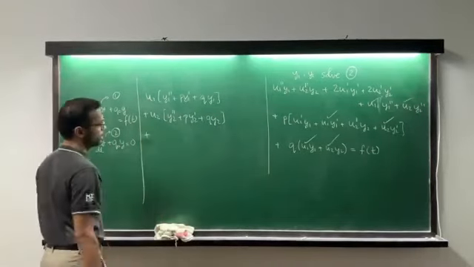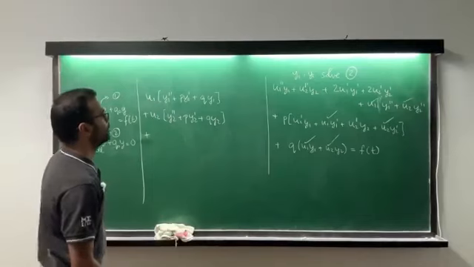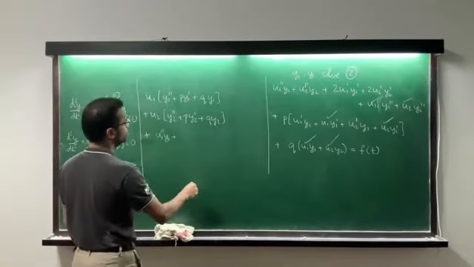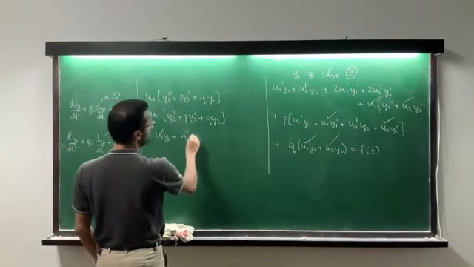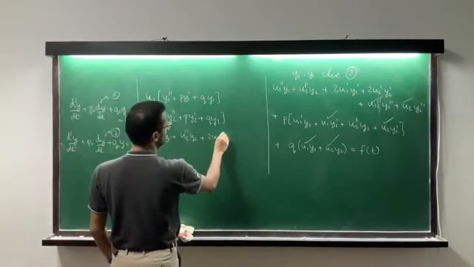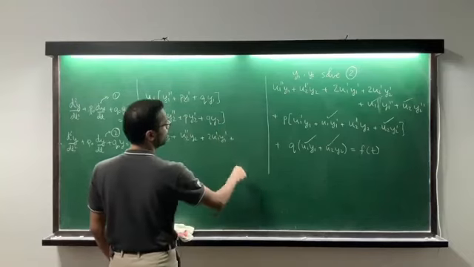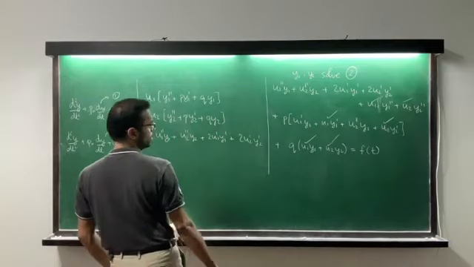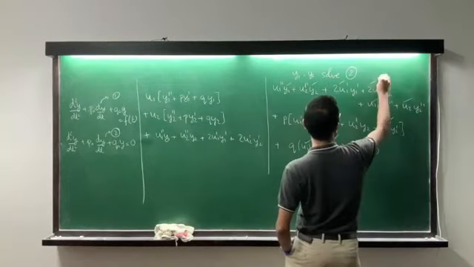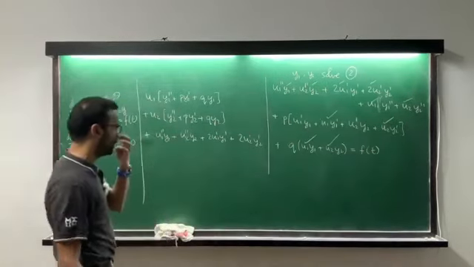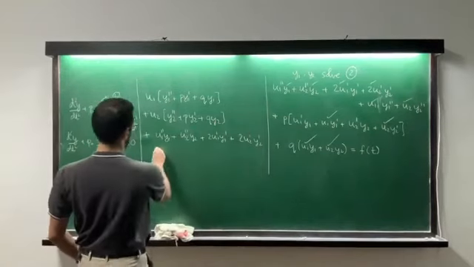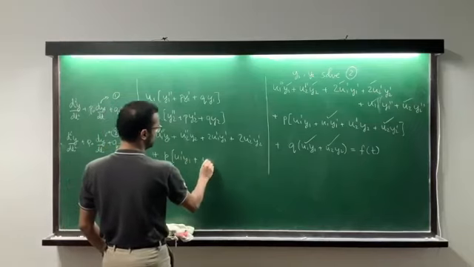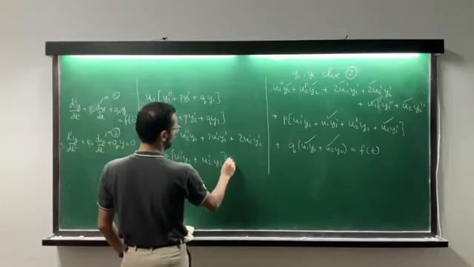Okay, plus what else do I have? I have u1 double prime y1 plus u2 double prime y2 plus 2 u1 prime y1 prime plus 2 u2 prime y2 prime. I have these four now. Okay, plus p times u1 prime y1 plus u2 prime y2 is equal to f.